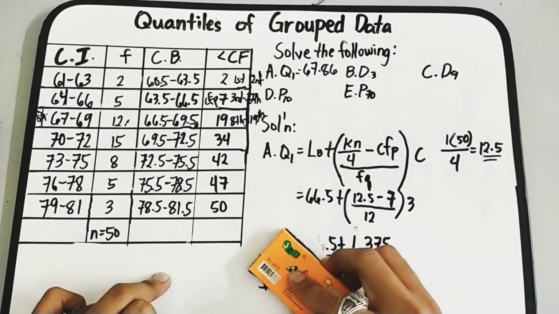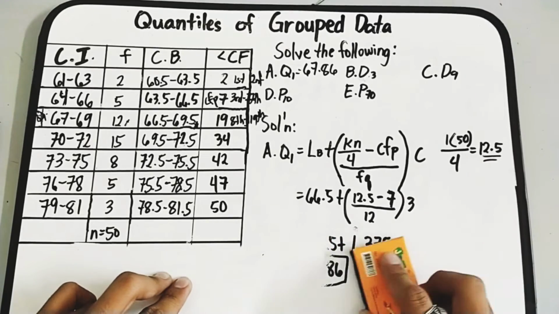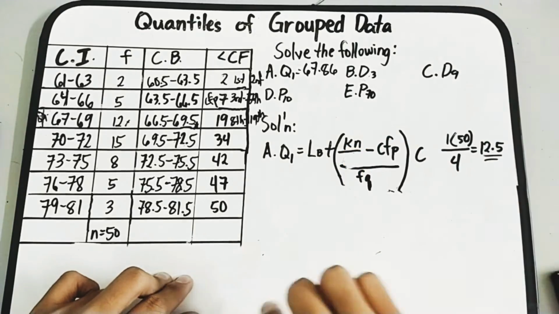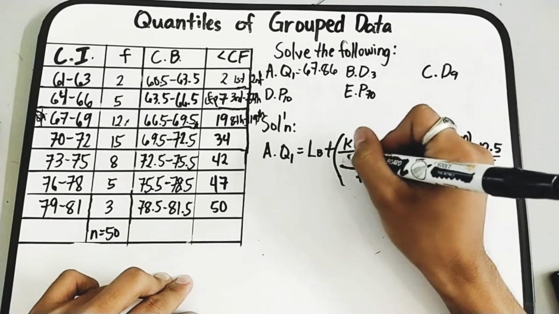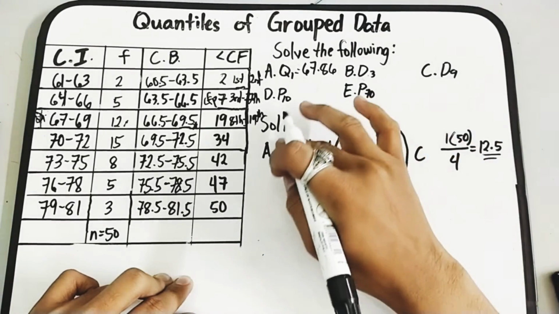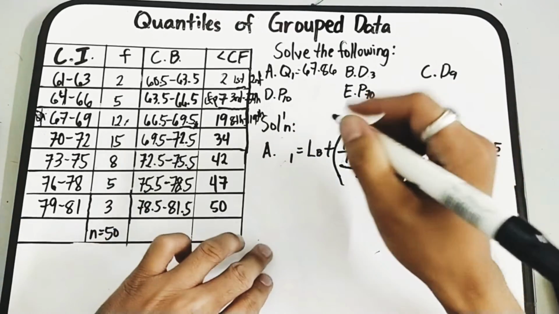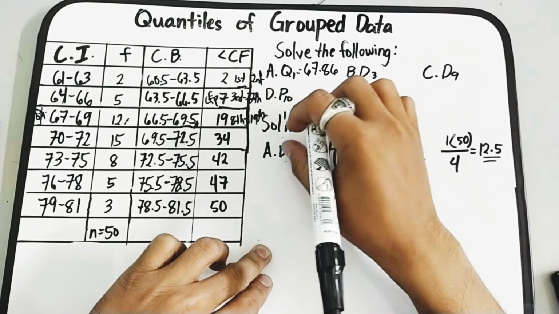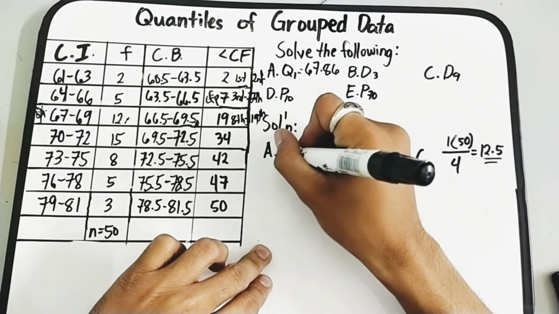Hanapin natin sila. Okay? Palitan na lang natin to. So, again, same formula lang yan. Kaso, pag sinabi nating decile, nagbabago yung kanyang divisor dito. Yan, decile 3.